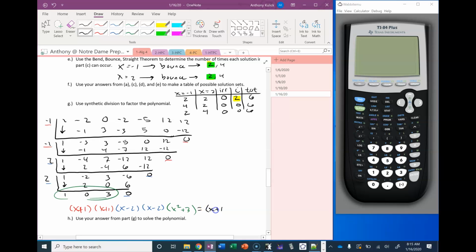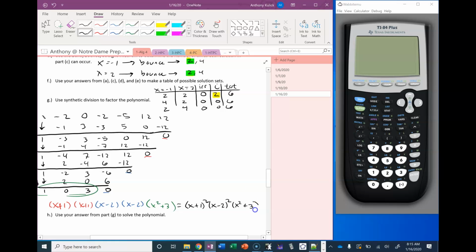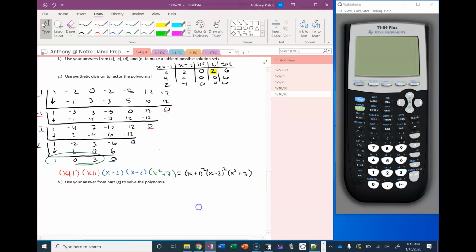The one thing I would say is that the standard for these problems is rather than writing all the factors out that repeat, you just use an exponent. So instead of writing x plus 1 twice, you can just write x plus 1 and then the squared on the outside of the parenthesis.